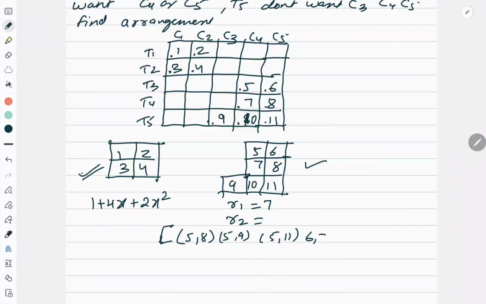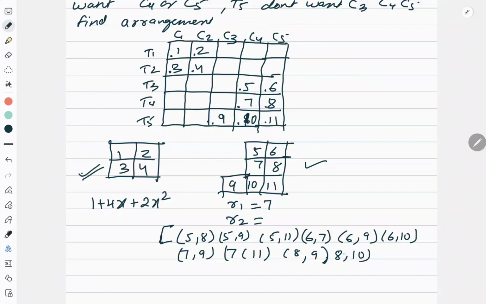Same way 6 can sit with 7, 6 can sit with 9, 6 can sit with 10. Then 7 can sit with 9, 7 can sit with 11. Okay. Then 8 can sit with 9, 8 can sit with 10. Correct? So let us cross check. How many are there? 1, 2, 3, 4, 5, 6, 7, 8, 9, 10. So R2 is equal to 10.